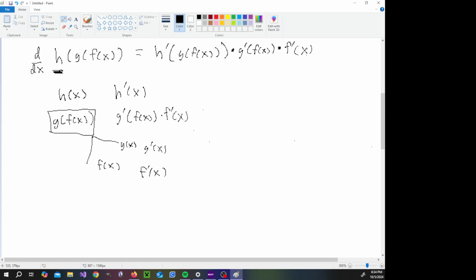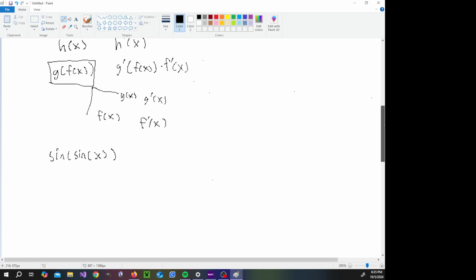Okay, so first, in order to do this one, I realized the section before this is about trig functions, so this directly tells us which kind of functions this is really easy to see it with. So let's do sine of sine of x. So this is absolutely a composition.